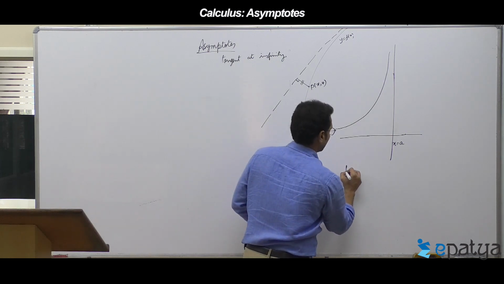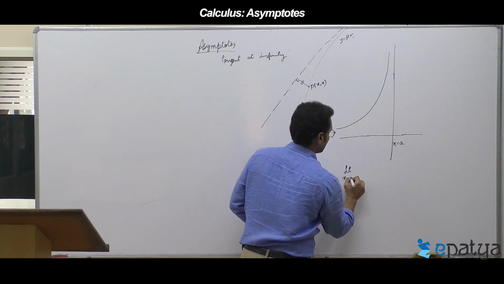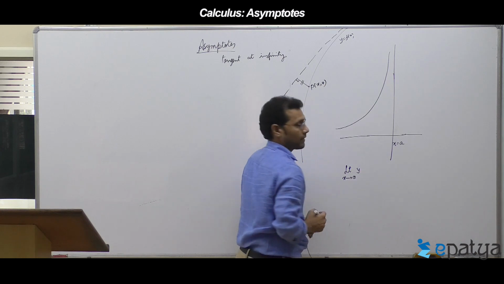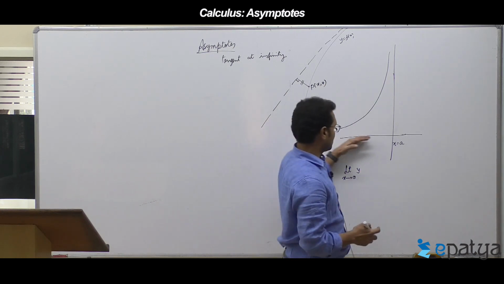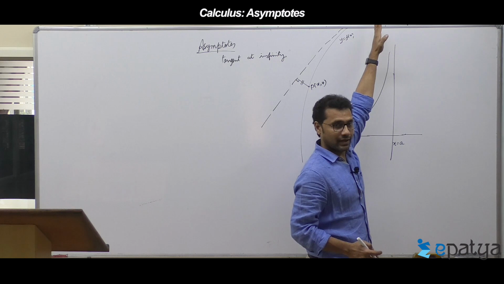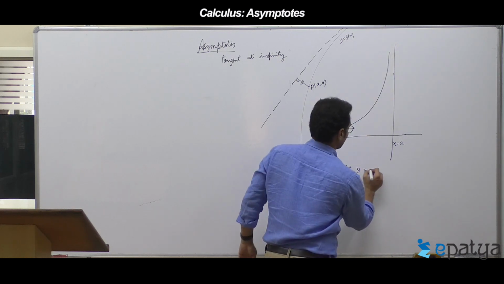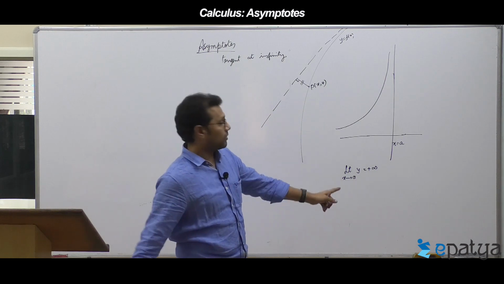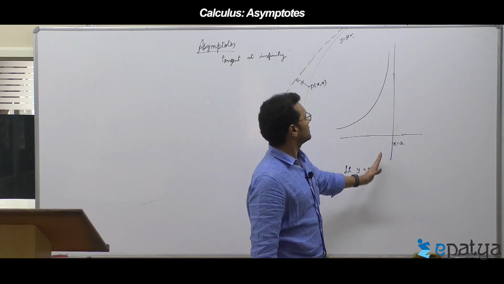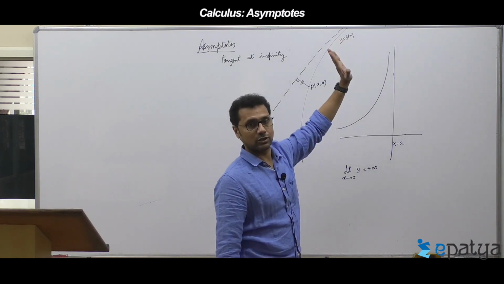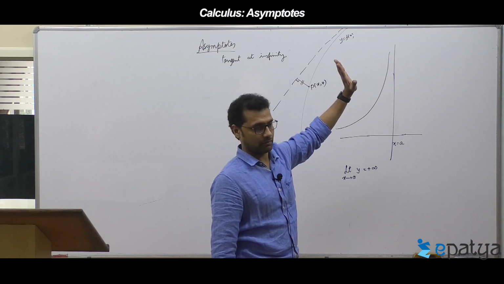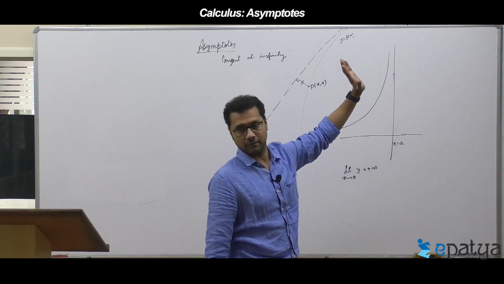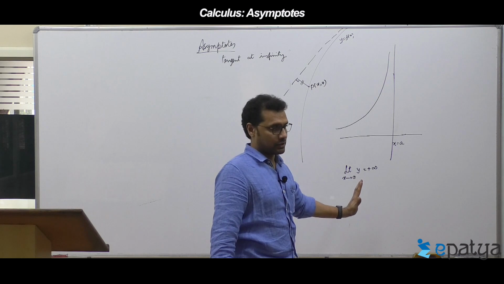If I try to find the limit as x tends to a, y goes to infinity, suppose in this case it is plus infinity, then we call x equal to a a vertical asymptote, which has infinite slope.